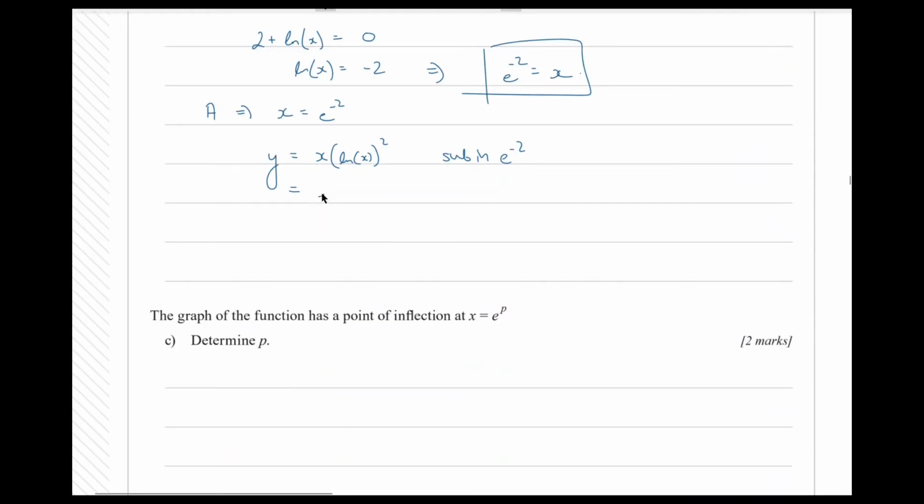So this is going to be e to the -2 times ln e to the -2, squared. Ln and e cancel each other, so that's just -2 squared. That's e to the -2 times 4. So 4e to the -2. So our coordinate for A is e to the -2 and 4e to the -2.